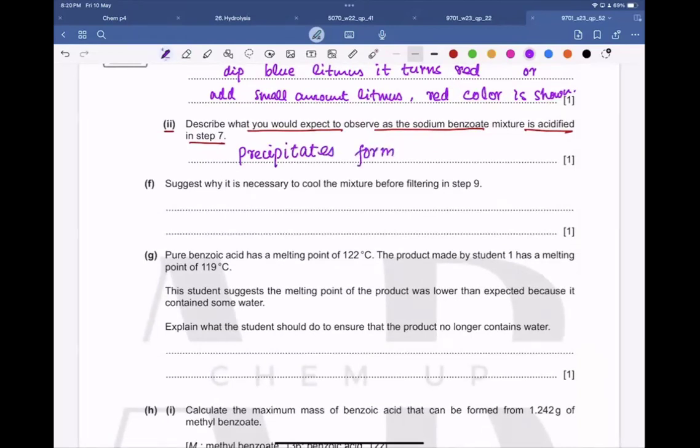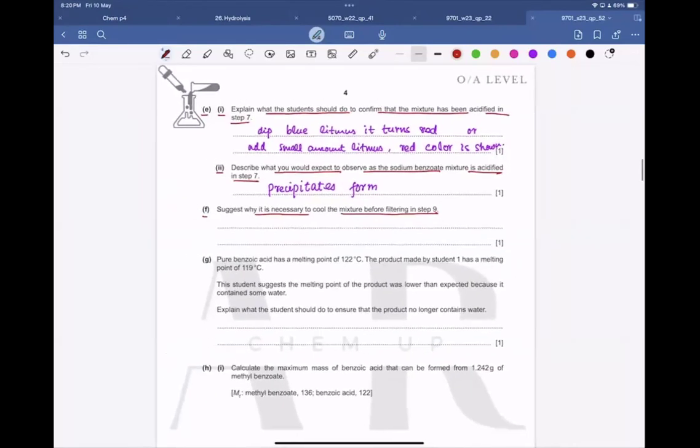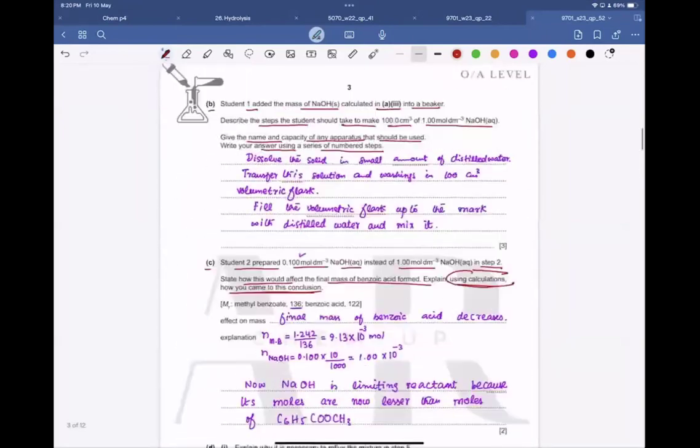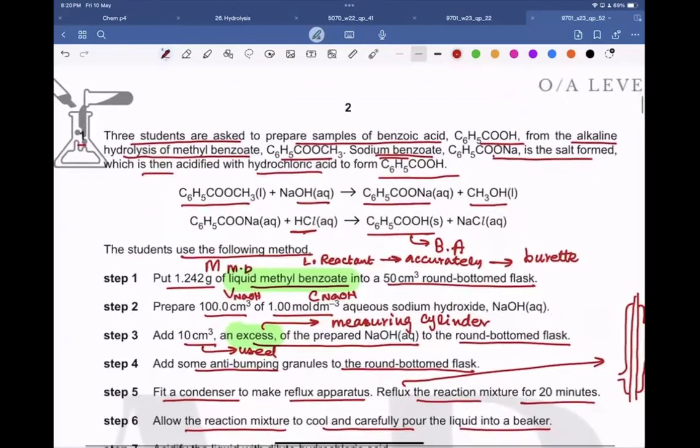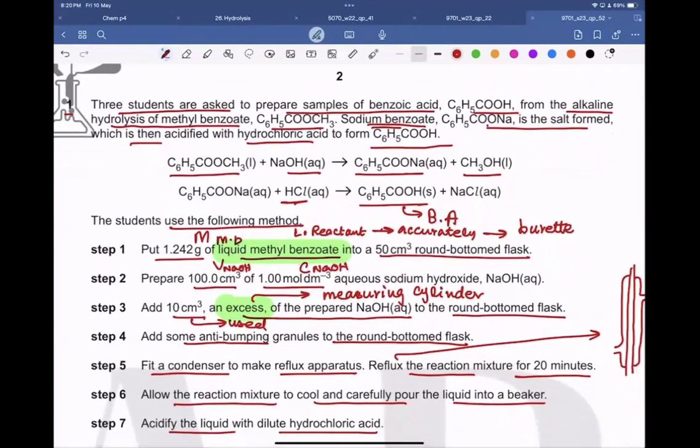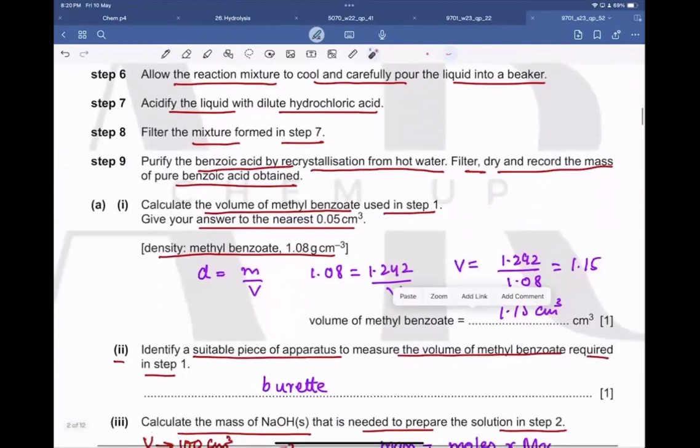Is this understandable? Now, F, suggest why it is necessary to cool the mixture before filtering in step 9. Okay. Purify the benzoic acid by recrystallization from hot water, filter, dry and record the mass.